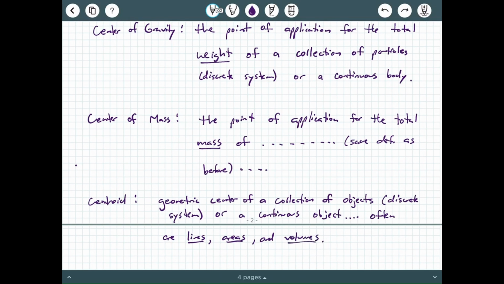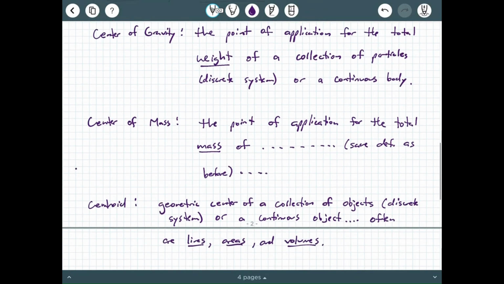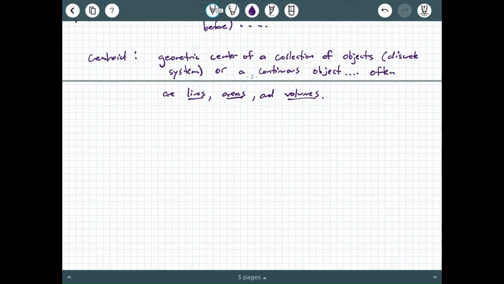Okay, so when we look at centroid, we're going to be looking at more of a geometric aspect of line segments, areas, and volumes. Okay. So another interesting thing we can do, going back to center of gravity, is put a little asterisk here.